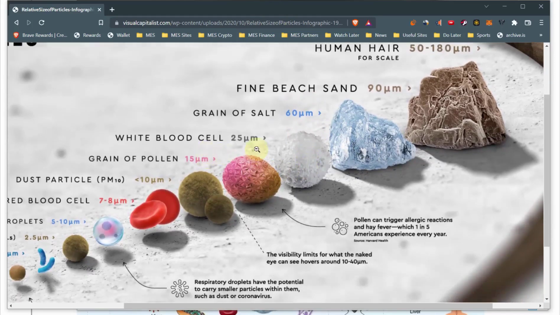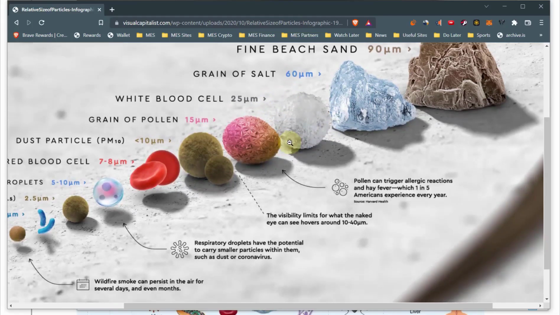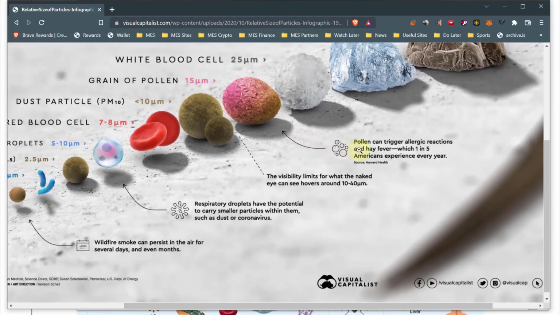Now we have a white blood cell, which is 25 micrometers. The next one is a grain of pollen, which is 15 micrometers. Note here, this is from Harvard Health: pollen can trigger allergic reactions and hay fever, basically grass fever, which 1 in 5 Americans experience every year.